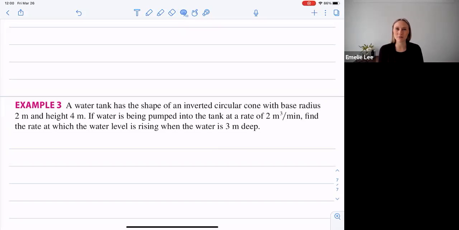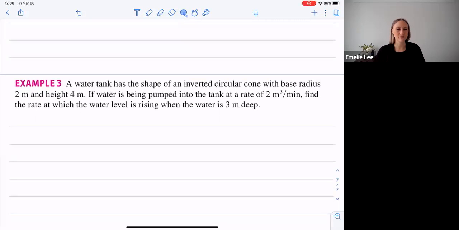Pretty much every single final exam that I've ever seen uses an inverted circular cone. And like I said, you can either have water coming in or water coming out, right? So let's see here.